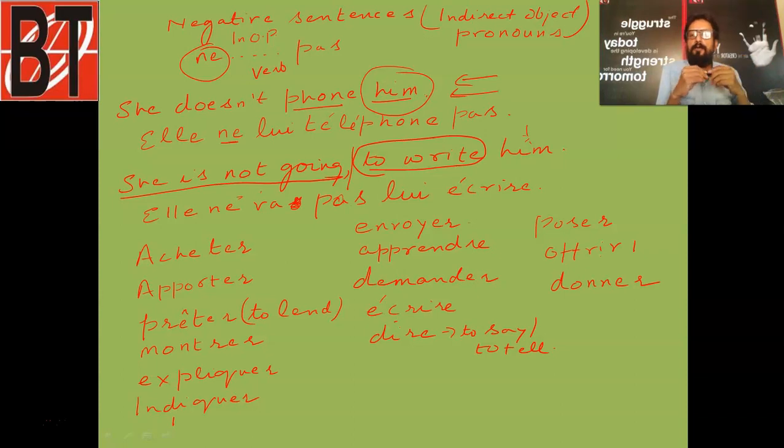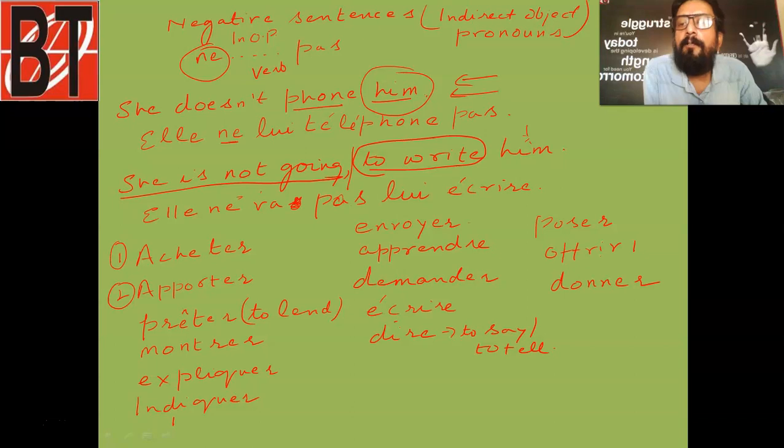So once again I make a fine revision for pronunciation. How to spell these words? Acheter. For example, Elle m'achète une chemise. She buys a shirt for me.